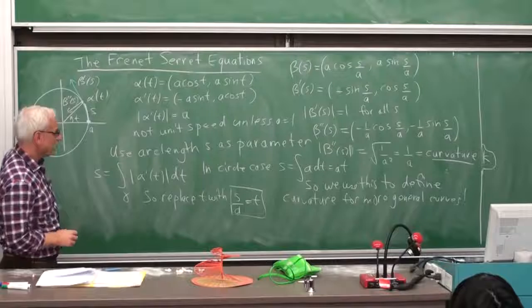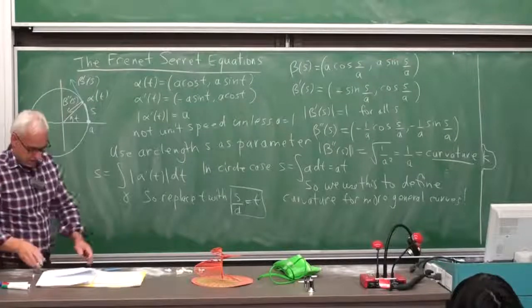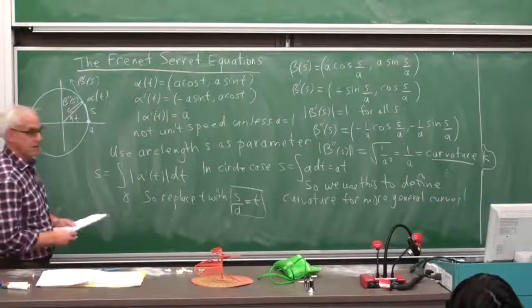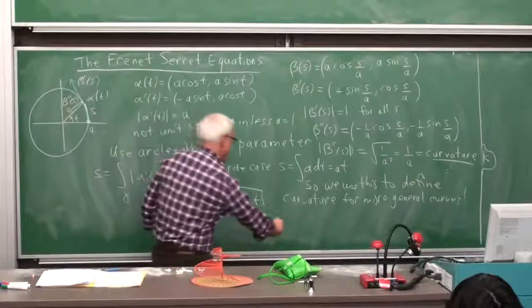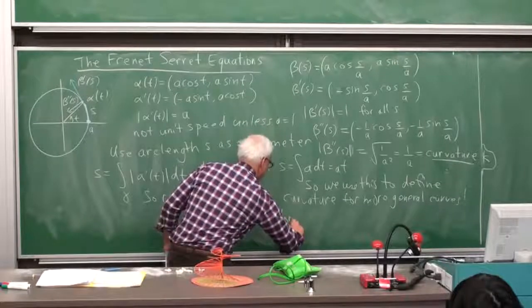But before I do that, let me just write down one more formula for the normalized acceleration vector, what we get when we normalize by dividing by the length.